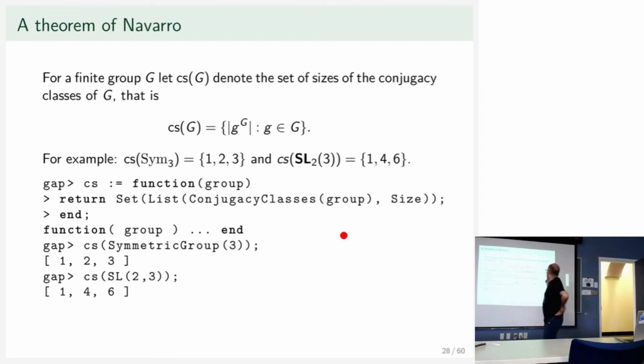So, this is easy. I have my group. Then I compute all conjugacy classes, and then I just make a list with the sizes of these conjugacy classes, and then I do not keep the list or the multiset, but the set. So I kill repetitions. And then I check these 2 things. Well, I check with my function. So everything is okay, right?